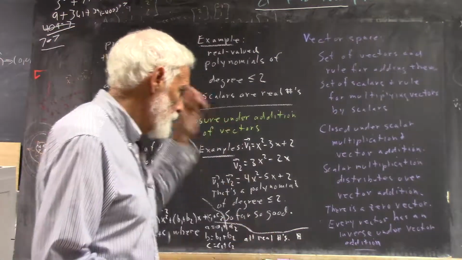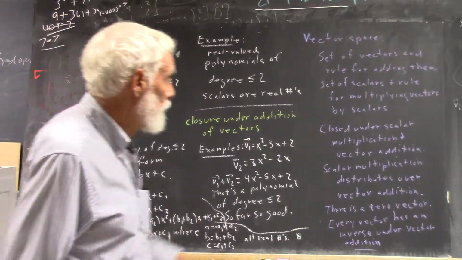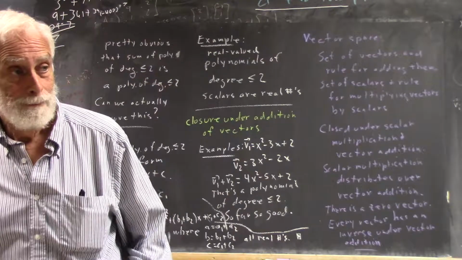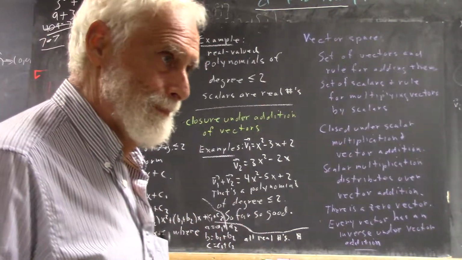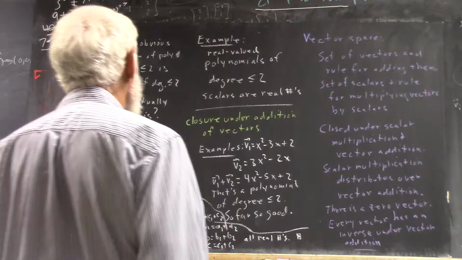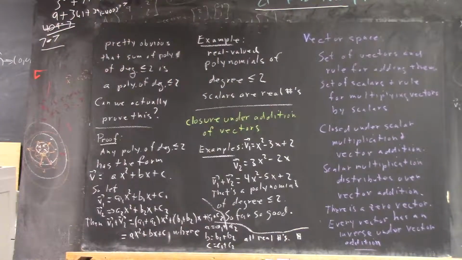Now, I'm going to throw you to the wolves and ask you if you could prove closure under scalar multiplication. That corresponds to this one, right? A number times the vector has to be one of the vectors, right?